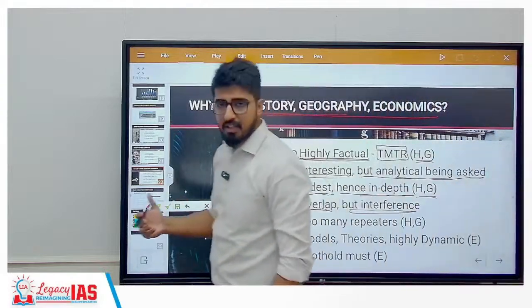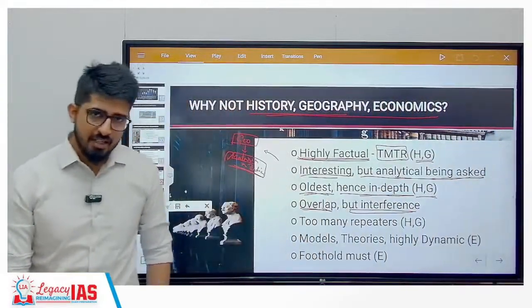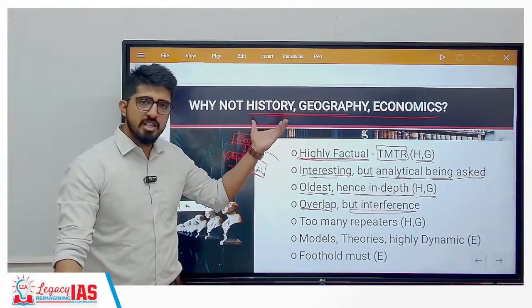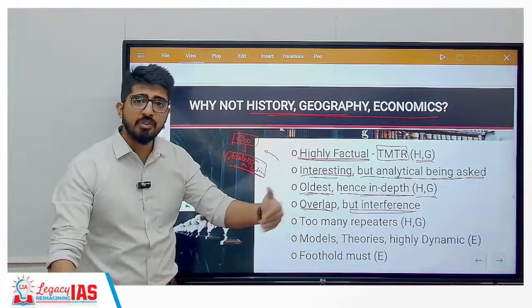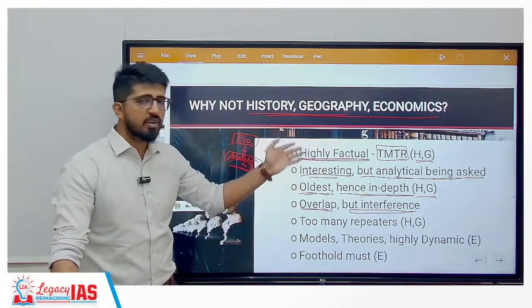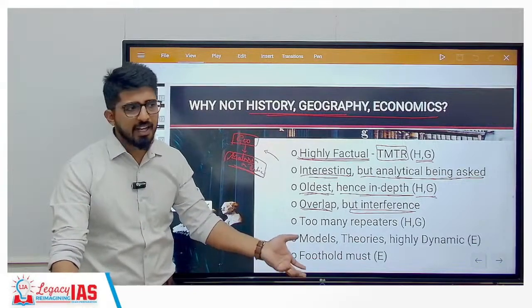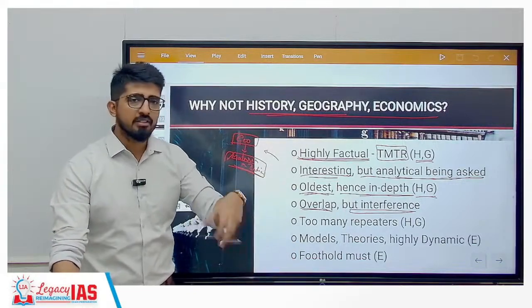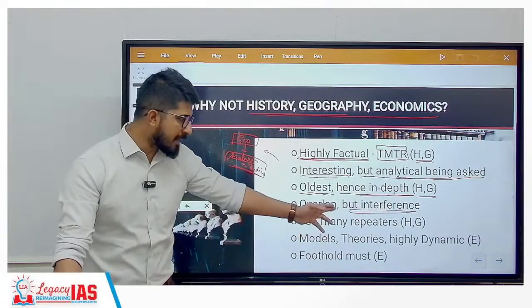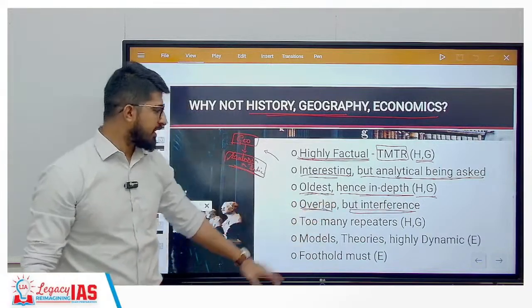Interference in the sense that when you write answers, it's going to have a negative impact, where you have learned too much history. You may bring in perspectives which are not relevant to the GS part. Geography, you have learned a lot of geography and you write it in the answers. From the GS perspective, it is too much. So that can be the interference factor.